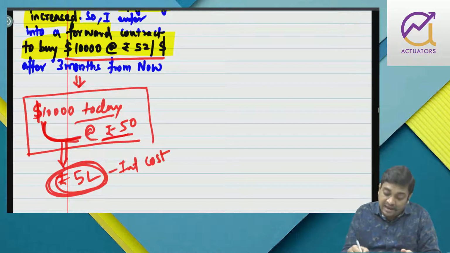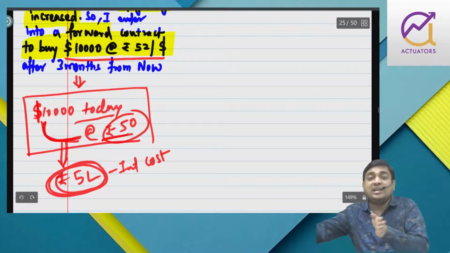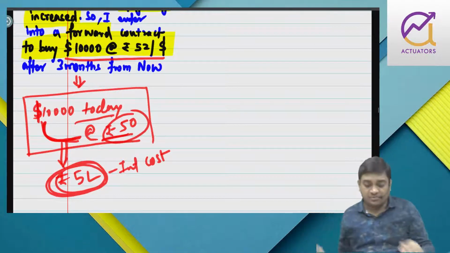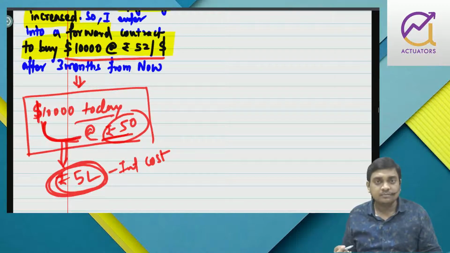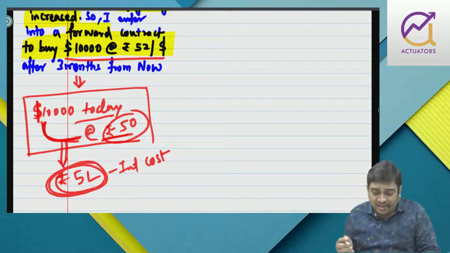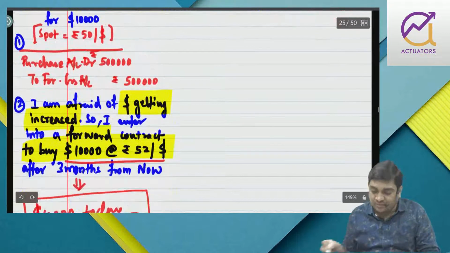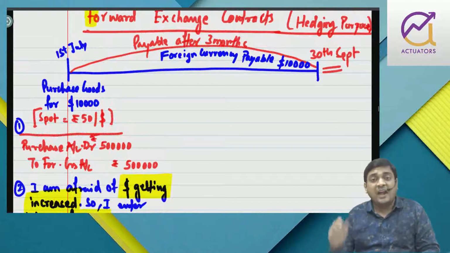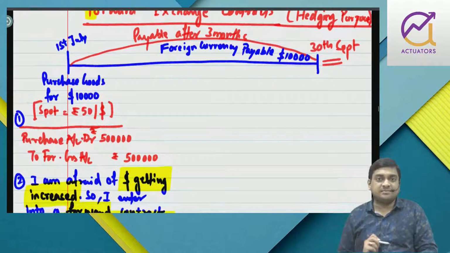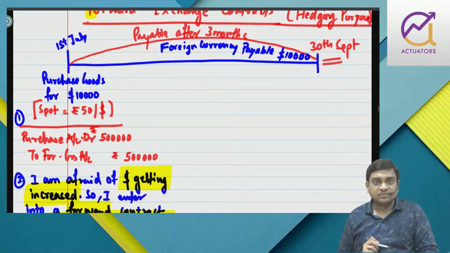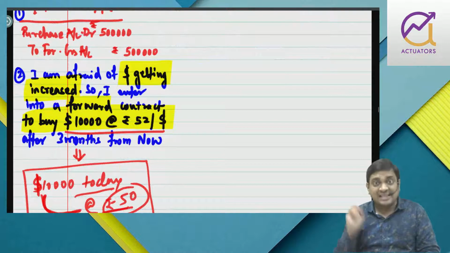So my overall costing can become 52, 53, 54, right? So there is some relationship between the spot and the forward rate that you are going to study in forex, finance management, not now.